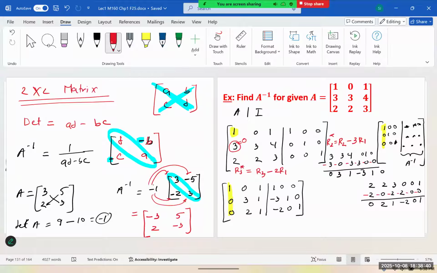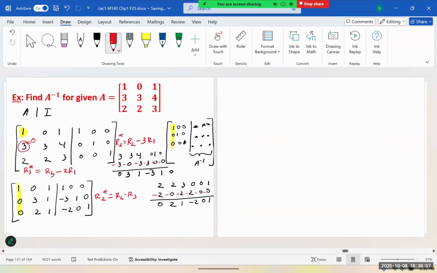If you don't want to work with fractions, that means our R2 is R2 minus R3. We're just subtracting the third row from the second row. Then we have 3 minus 2, 1. So we get 1, 0, 1, and then 1, 0, 0.